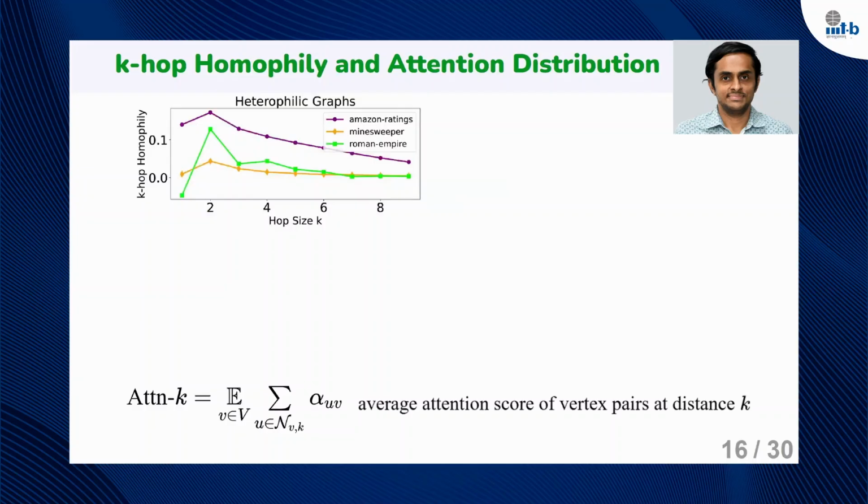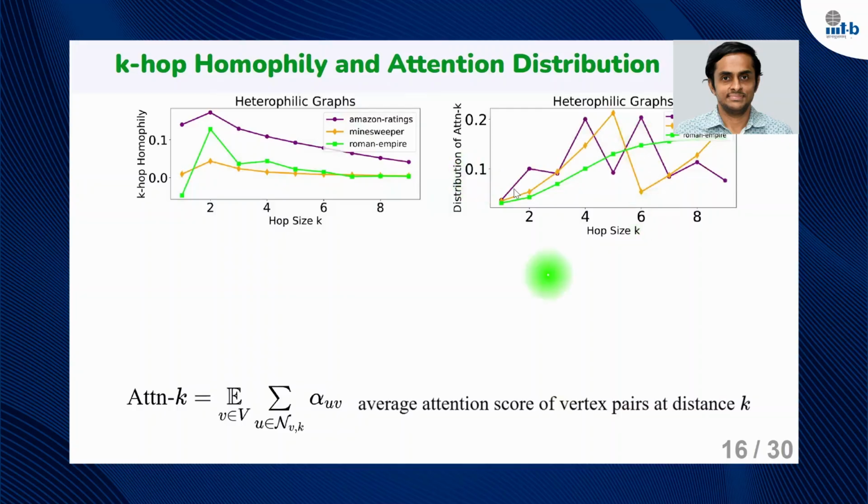Now coming to the over-globalizing issue. Let's compare these k-hop homophily trends to the attention distribution. What we do here is look at attention k, which is essentially the average attention value of node pairs u, v that are k hops away from one another.